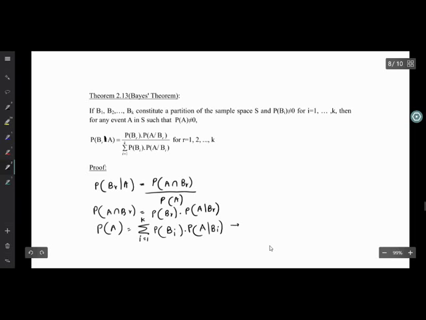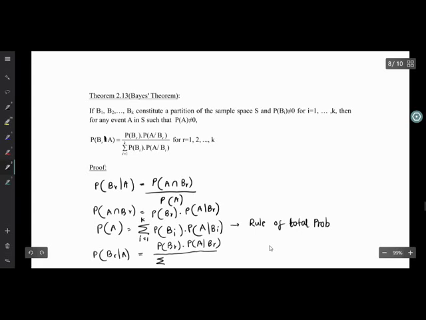This is from the rule of total probability. If we replace this summation in our original equation, the probability of Br given A will be, for the intersection of A and Br, we found it is P(Br) times P(A given Br).